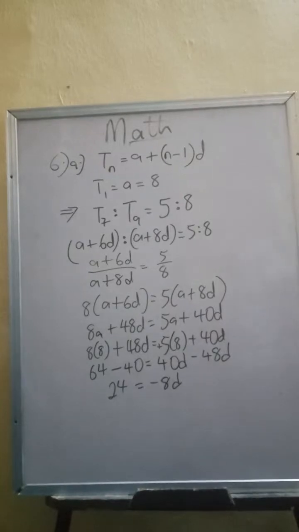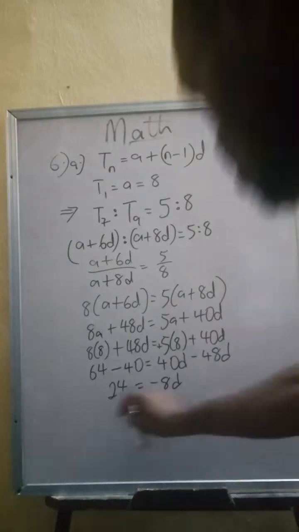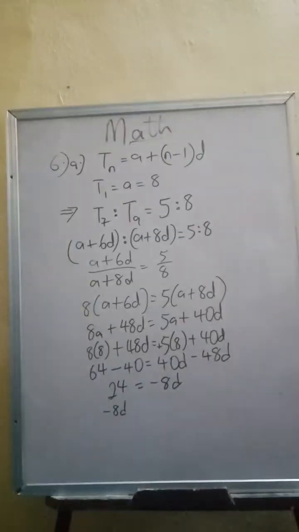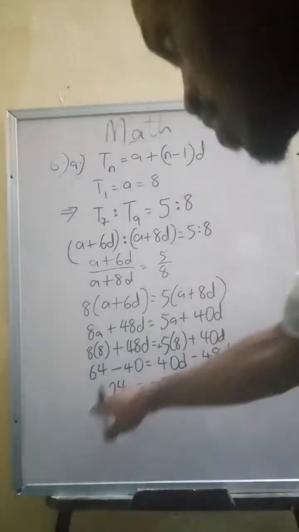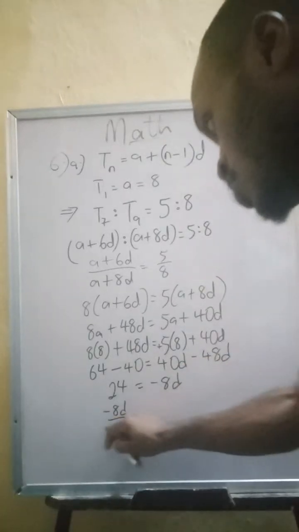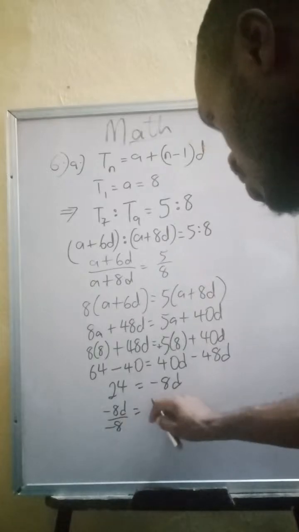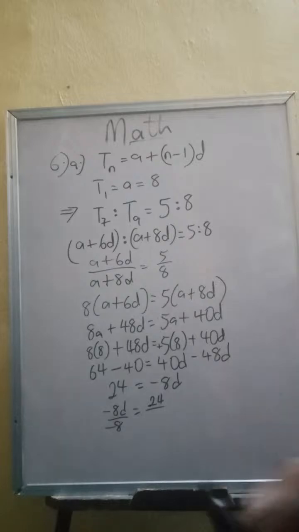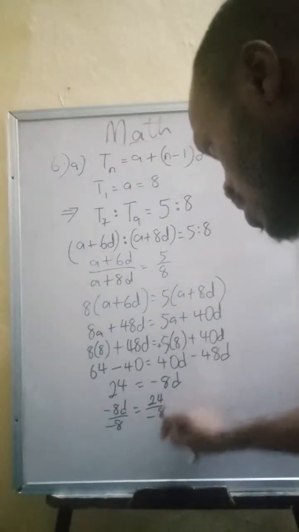Divide both sides by minus 8. Now I'm switching their positions. I'm taking minus 8d this way and 24 this way, in which the signs are not going to change because I'm just swapping their positions. So you have minus 8.